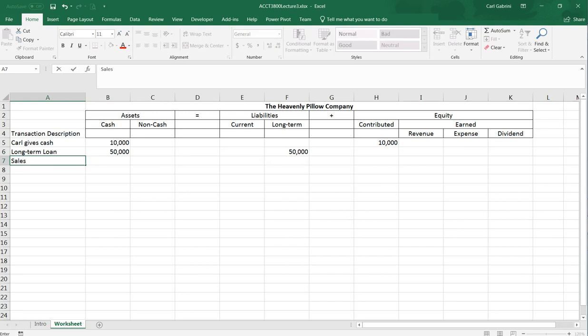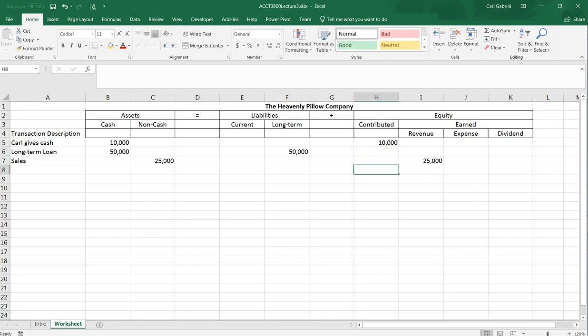Suppose I have sales that occur. All those sales are in, say, receivables. And so I have sold $25,000 worth of pillows. That's going to show up as revenue under the accrual accounting system.